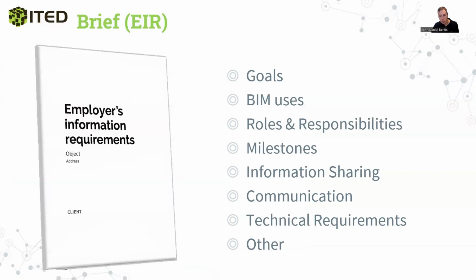Once the necessary information has been gathered, we move on to develop the so-called BIM requirements or employers' information requirements. It's basically a set of rules and principles for the whole team to follow to achieve the defined goals.